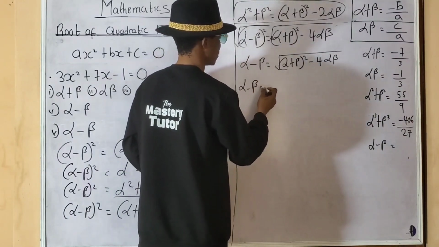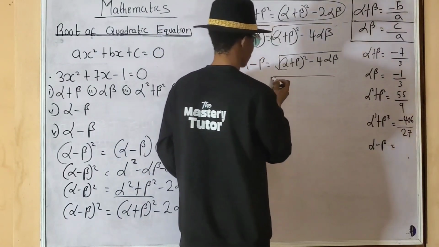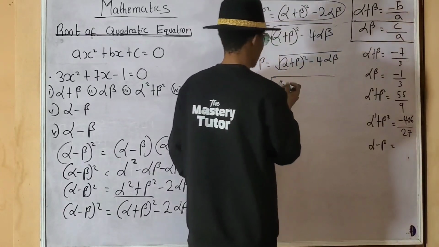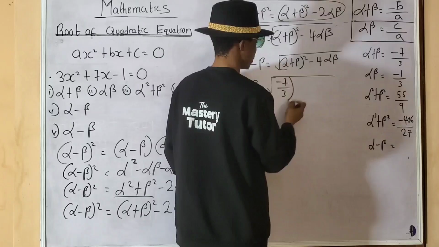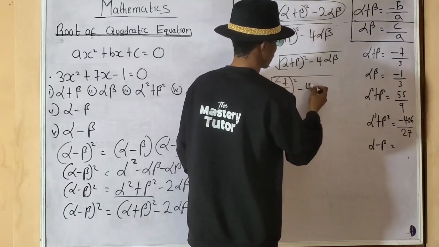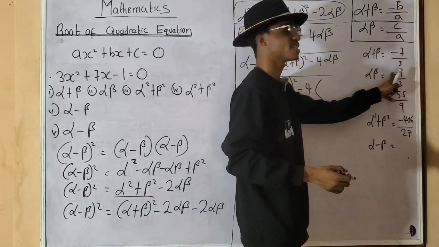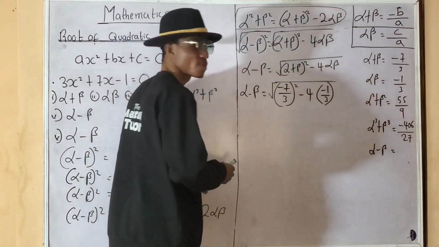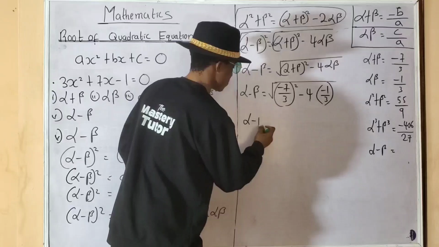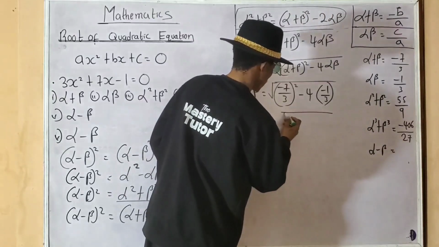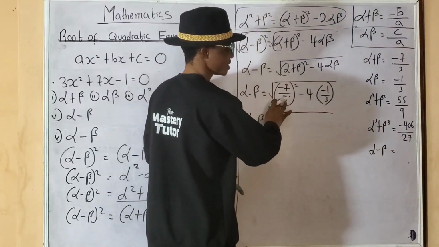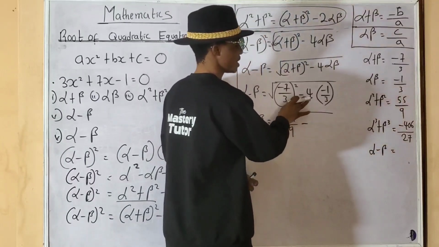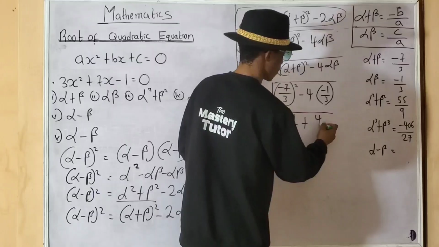Alpha minus beta equals the square root of alpha plus beta, which is negative 7 over 3, so I'm going to have negative 7 all over 3 squared, minus 4 multiplied by alpha beta. Alpha beta is negative 1 over 3. So here I'm going to have alpha minus beta equals the square root of, now negative 7 over 3 squared, that is 49 all over 9, minus, now negative 4 times negative 1 over 3, that is plus 4 all over 3.